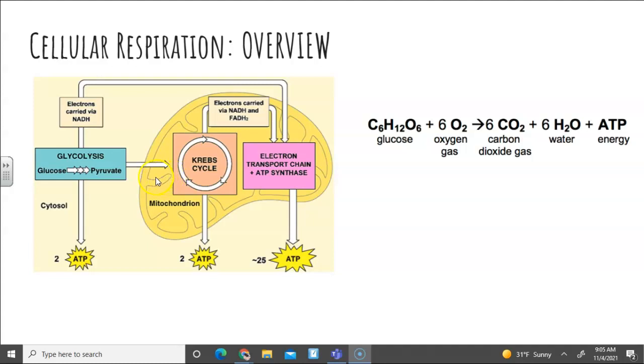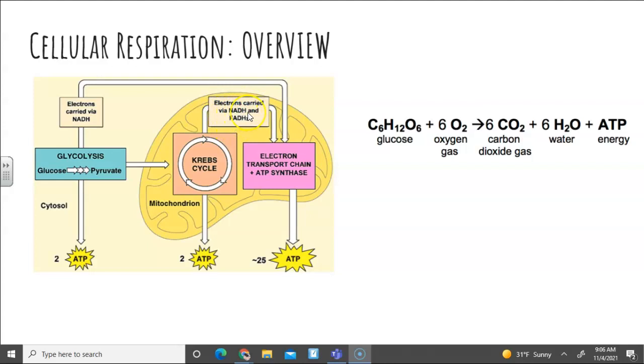So the pyruvic acid comes in, and then remember, in the Krebs cycle we build up more carbon molecules just so that we can break them down, and we keep breathing in oxygen, breaking off a carbon, breathing out carbon dioxide, and every time we break off a molecule of carbon, we release an electron, and so we end up making a whole lot more of these taxicabs, or these Ubers for the electrons.